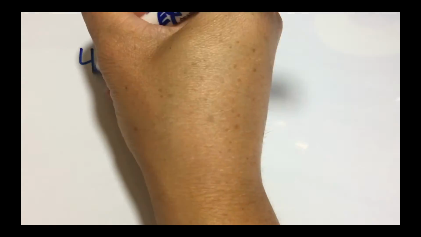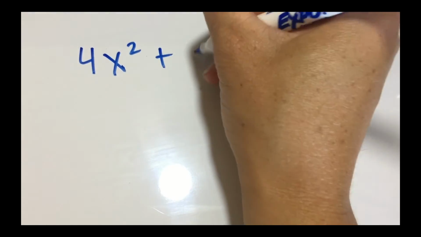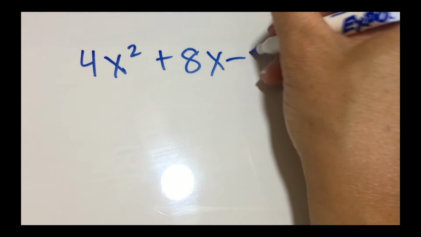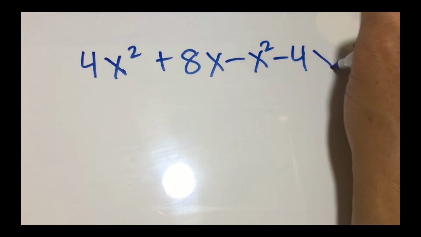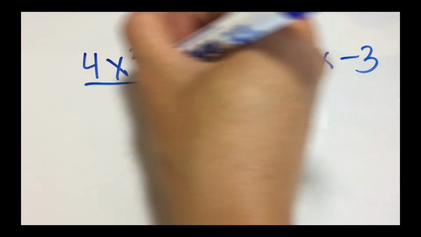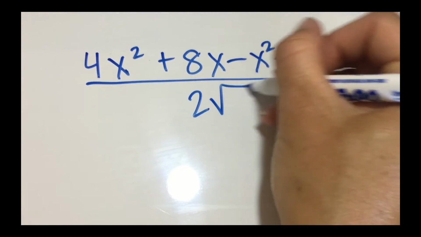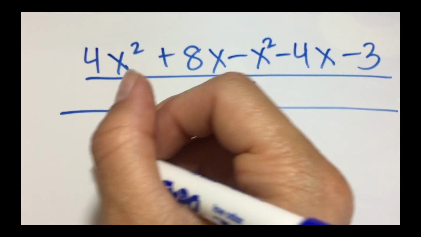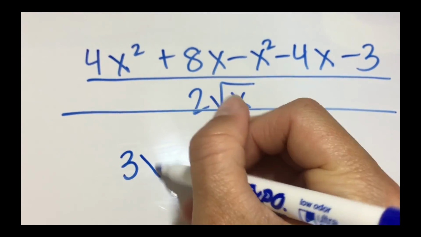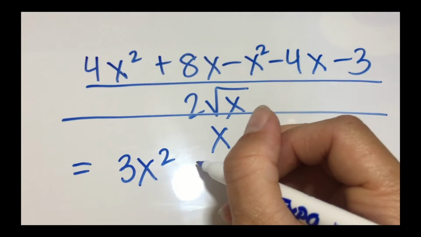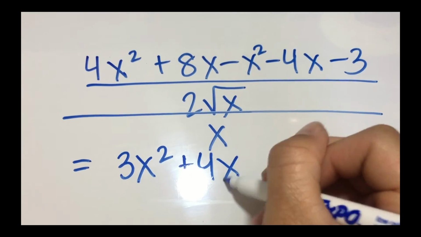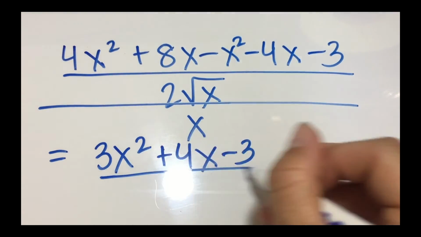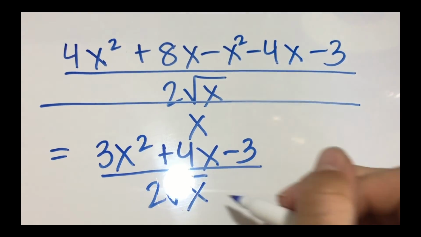And now here I will get 4x squared plus 8x minus x squared minus 4x minus 3 over 2 times the square root of x all over x. So now here I will get 3x squared plus 4x minus 3 over 2 times the square root of x.